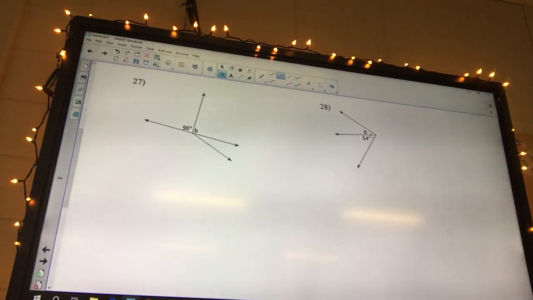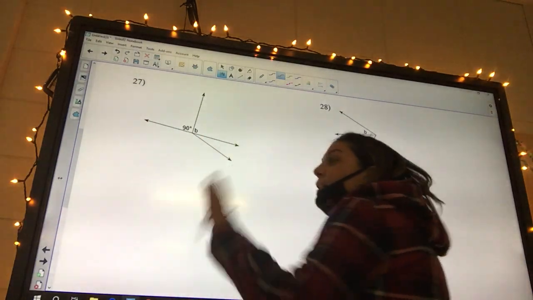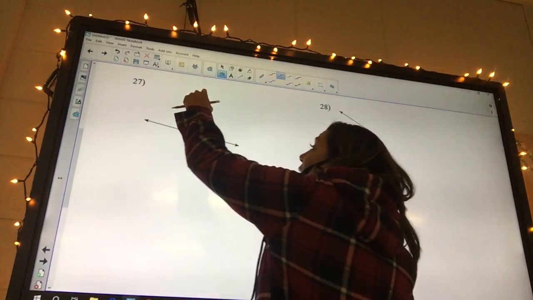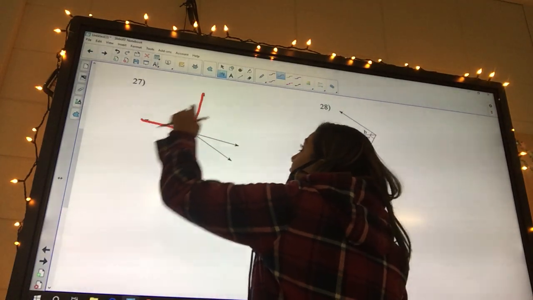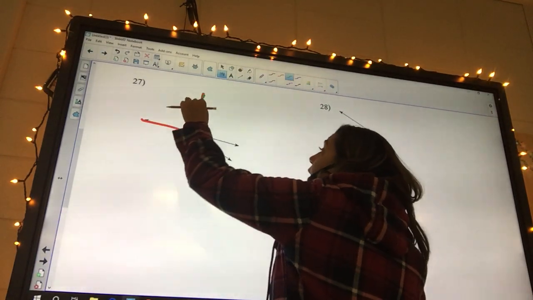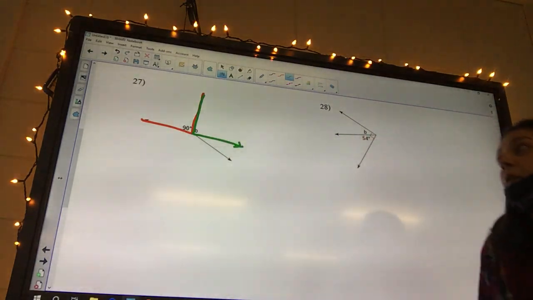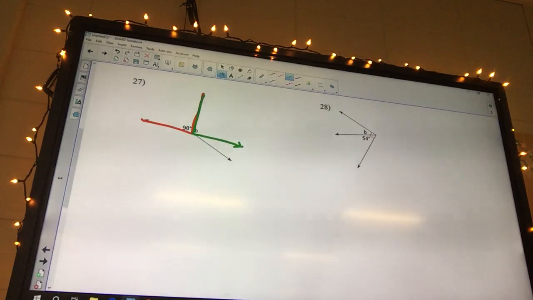Okay, 27. We have this angle, and this one shouldn't take very much math. This angle we have is 90. It's complementary. And then we have this other side is B. We have to minus 90 on both sides.